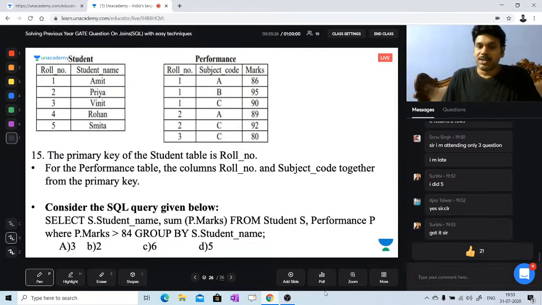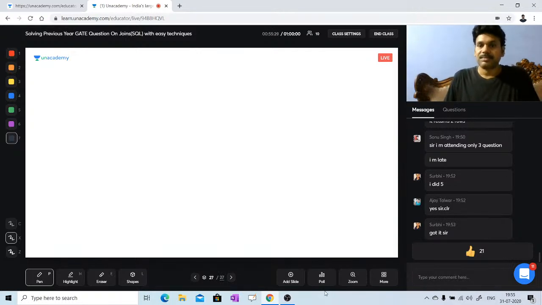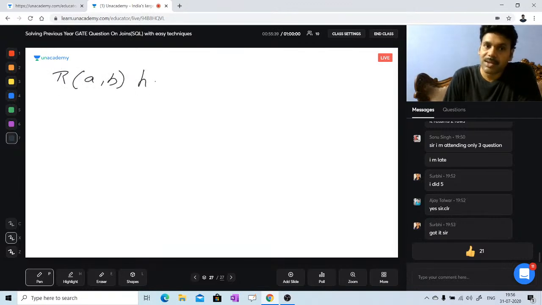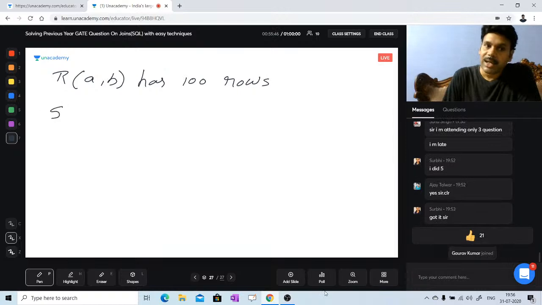I will give one question. Please understand carefully. This is my own assumption. R of AB has, please understand friends, 100 rows. S of AC has 200 rows.